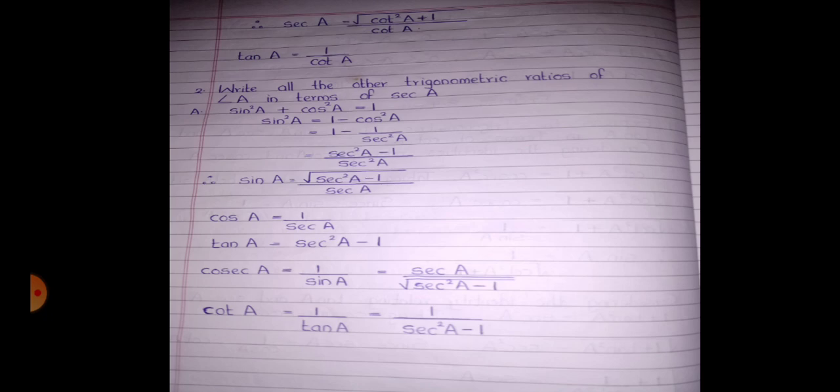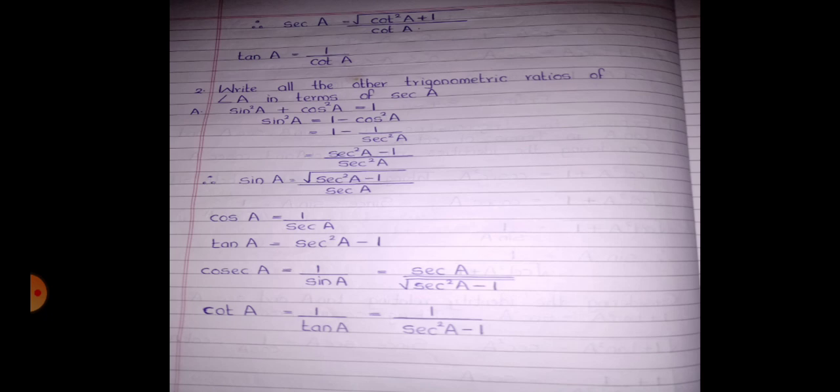You know that sin square A plus cos square A is equal to 1. You know that cos is the reciprocal of sec, or sec is the reciprocal of cos. Now, sin square A is equal to 1 minus cos square A. That is transposing.